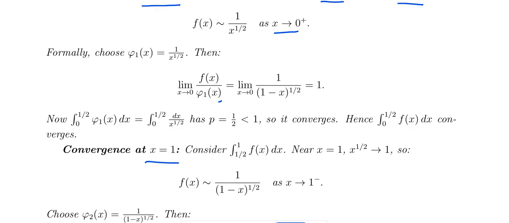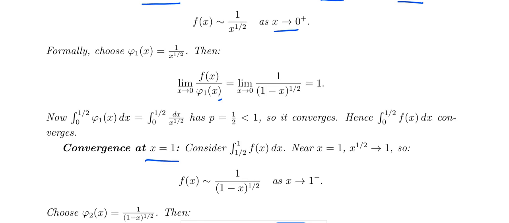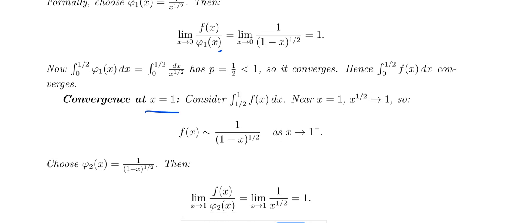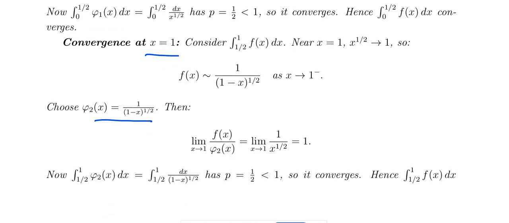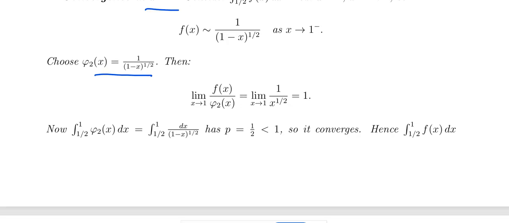In the same way, looking at x equal to 1, that 1 minus x whole power 1 by 2, that is phi 2 of x, equals (1 minus x) whole power 1 by 2, and the other factor becomes 1. By the comparison test, the nature of phi 2 of x is that it converges, because the power is 1 by 2.